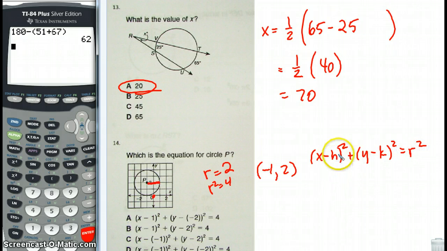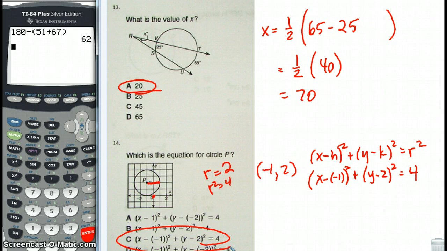So we're going to plug in a -1 here, and it's going to turn into that. And plug in the 2 here, and it's going to turn into that, and that's a 4. So which one of these answers is that one? And it looks like letter C. Great.